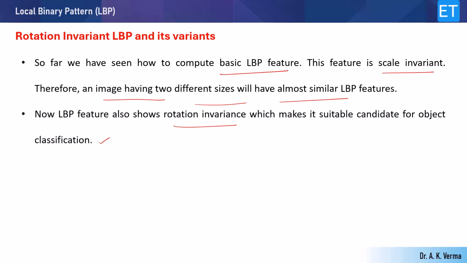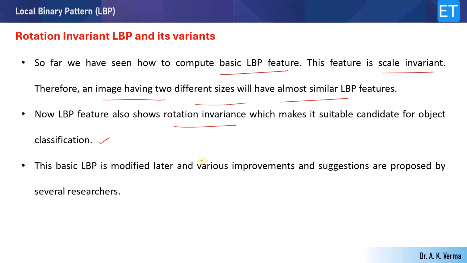Here I am not going to explain how rotation invariance is achieved because it will take too much time and the video will become lengthy. So right now I am avoiding it. If you are interested in how rotation invariance is achieved, you can go through the original paper of Timo Ojala. And this basic LBP was later modified and various improvements and suggestions were proposed by various researchers.